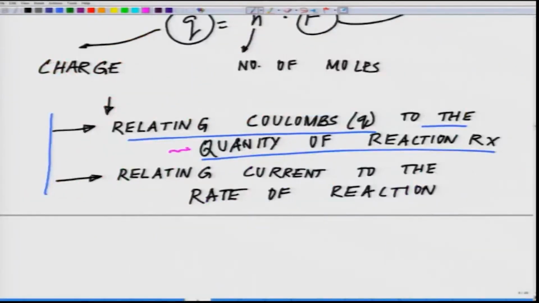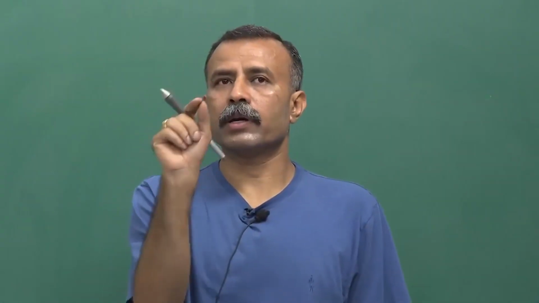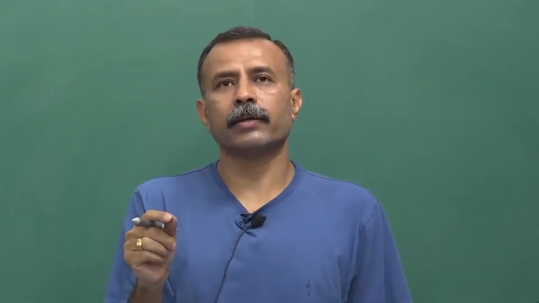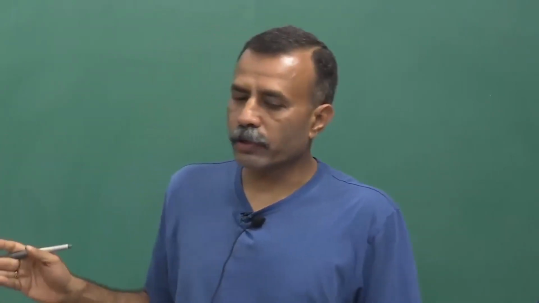Here what you have is the quantity of reaction could be correlated with the charge, and rate of reaction could be quantified with the current, because current is the flow of charges per unit time across a point. It could be per second. Time parameter you can resolve, whatever time parameter you want to carry.